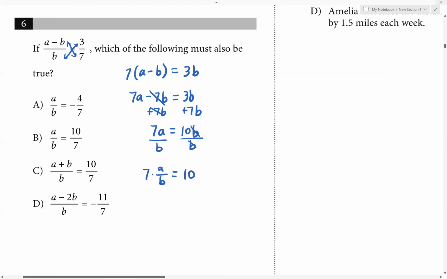All right. And then if you want to get just a over b by itself, we can divide by 7. So we can cancel the 7 out there. So we get a over b equals 10 over 7. That's what we have there. All right. And this does match with letter B here for question 6. Okay, so we know that has to be our answer.